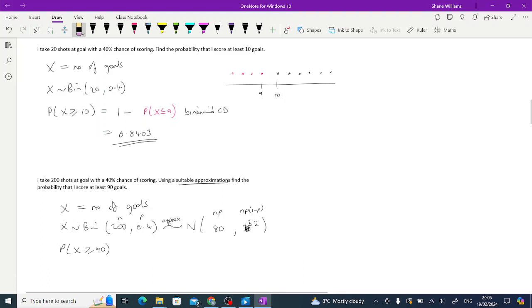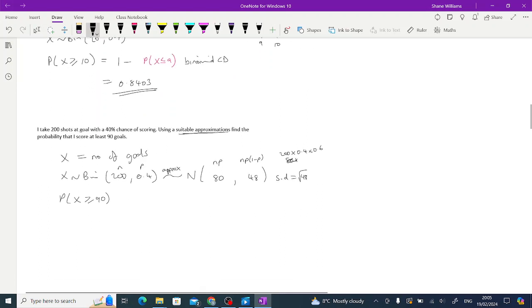In fact, it's 80 times 0.6, 200 times 0.4 times 0.6, which actually gives me 48. Remember, that's the variance. It might be worth just making a note at the side in case you're liable to forget. So now we know we can use the normal distribution to work this out.